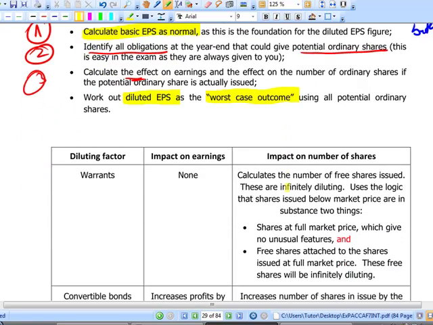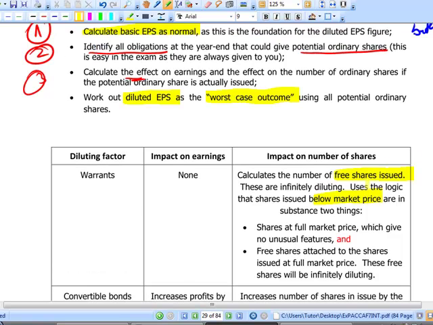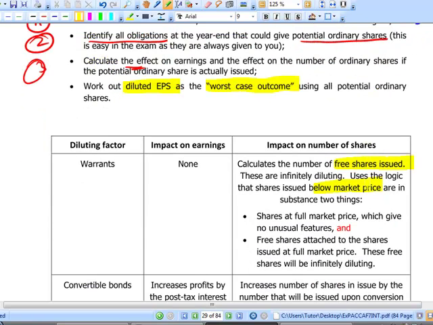So if you're talking about warrants, meaning the top management of the company is entitled to receive some shares, either they will receive them free of charge, or they will be receiving them at a price which is below the market price. And therefore what I'm left to calculate is the effect on the profit and the effect on the ordinary number of shares.